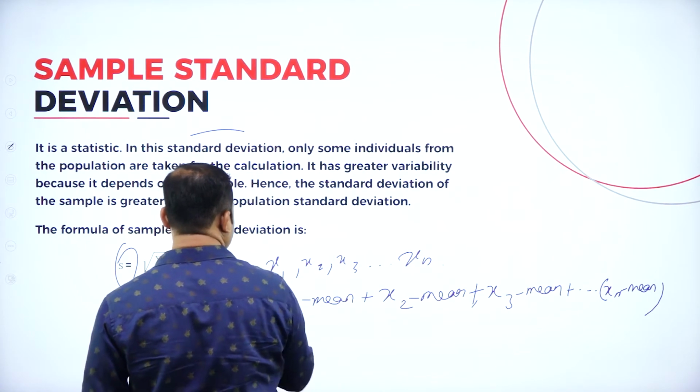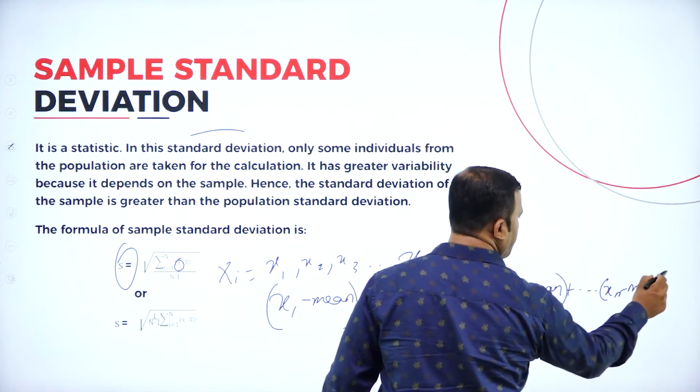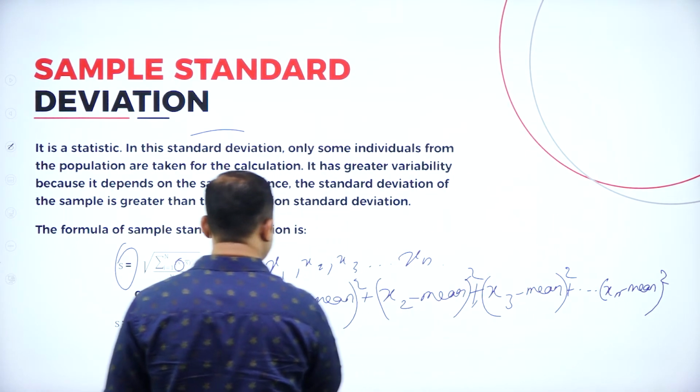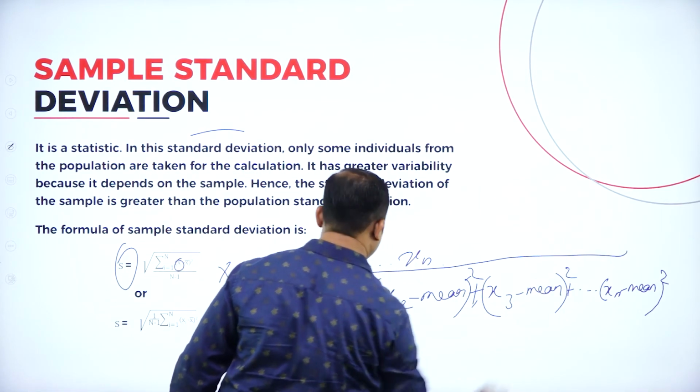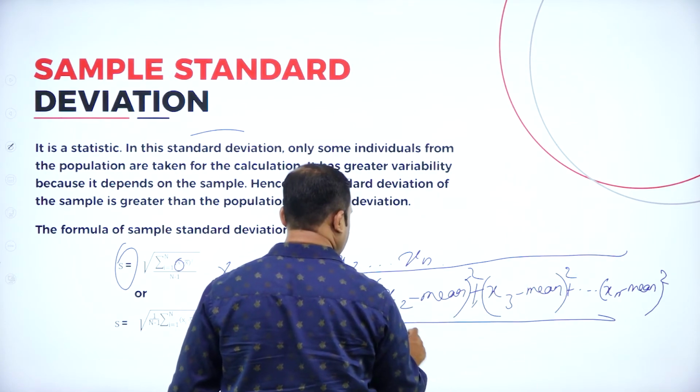Please observe that this has to be whole square. Everything must be brought under the square root, divided by how many terms? n terms are there.